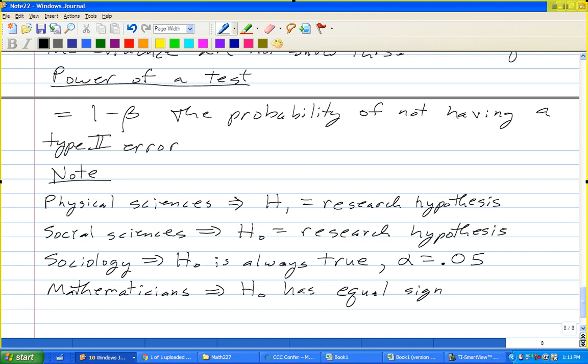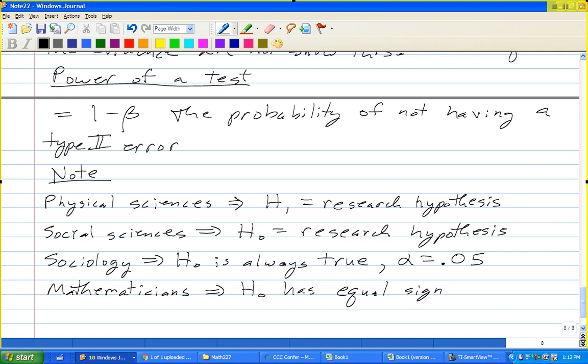The steps in hypothesis testing. One, you want to identify the claim to be tested, and you put it into symbolic form so it looks like a hypothesis test. You select your level of significance, and this is based upon your tolerance for type 1 error. What is the seriousness of having a type 1 error? And if your level of significance is not specified, then we assume the level of significance is 0.05.